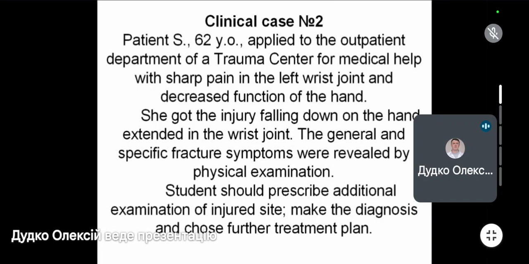Again, you are entering the station, introducing yourself, particularly your number, greeting examiners, and asking the patient, can we examine you? Then you check the screen, and you can see this clinical case information.